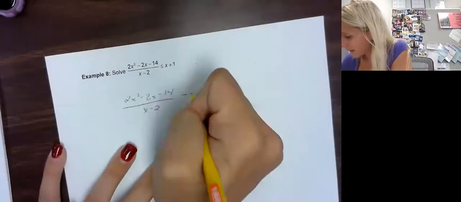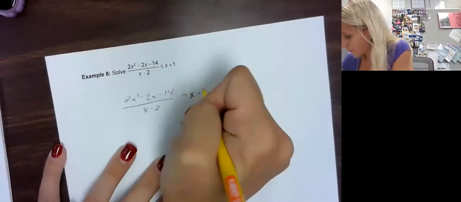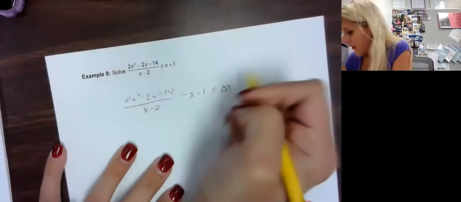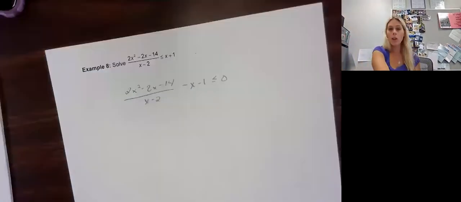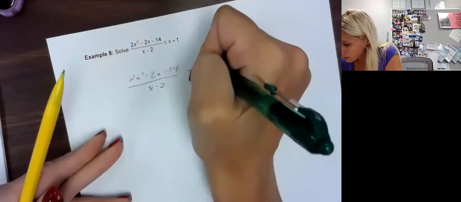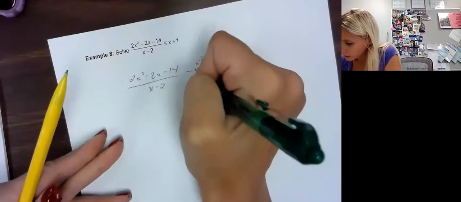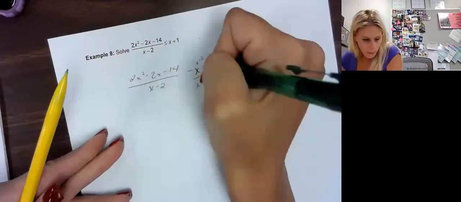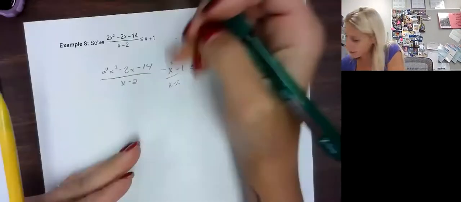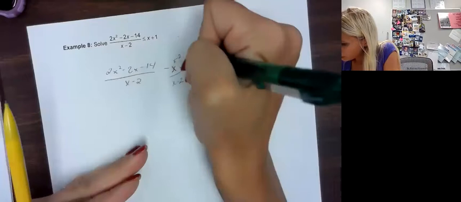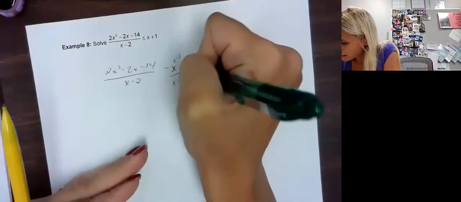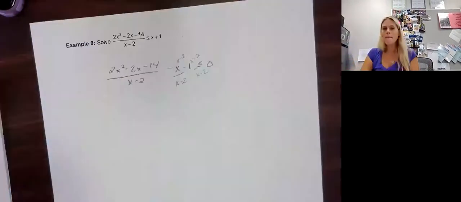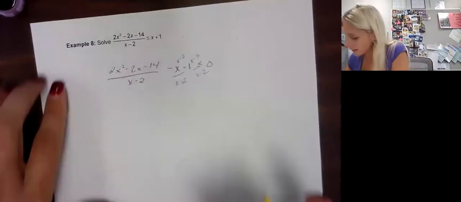So we have minus x minus 1 is less than or equal to 0. All right, let's look at what we're missing here. We're missing an x minus 2, and we're missing that over here as well, x minus 2 over x minus 2. Okay, that's just to remind me to write everything down.